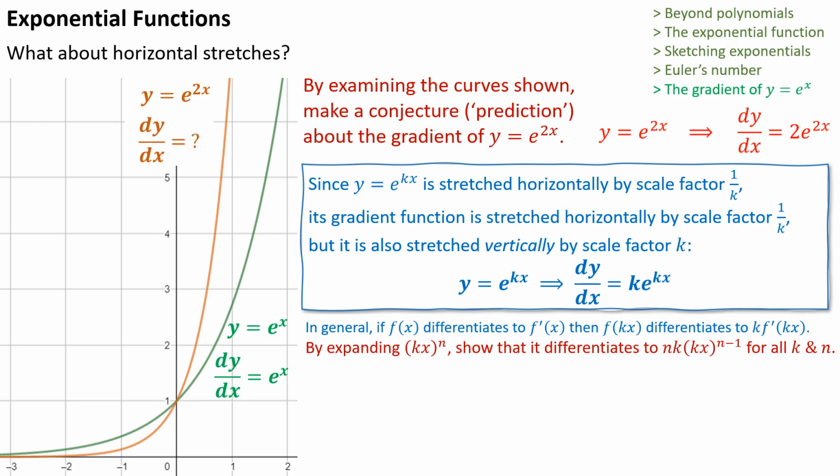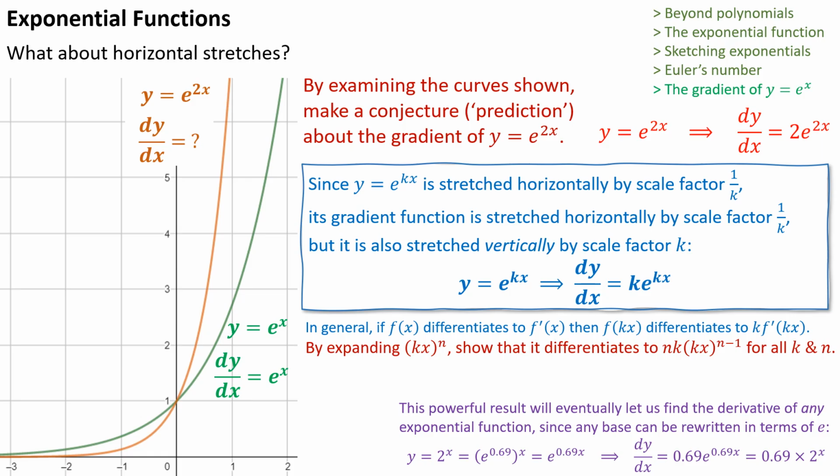If you're too confused by kx to the power n, then maybe try 5x to the power 3 and see what happens when you expand it and differentiate, and you should be able to show that it's equivalent to n times k times kx to the n minus 1. So this rule works for polynomials, it works for exponentials, and it works in general for any function at all. We're going to build on it and expand on it during year 2 calculus.